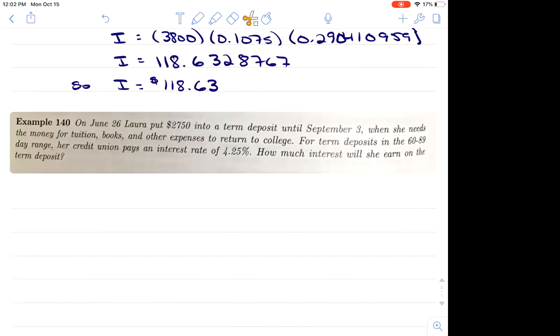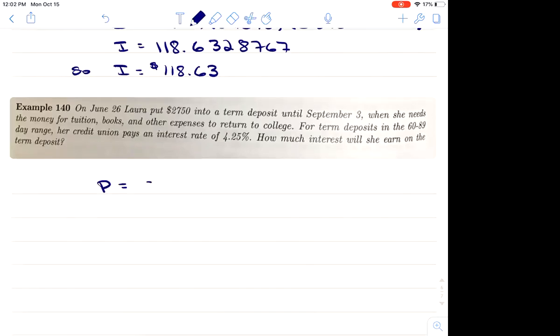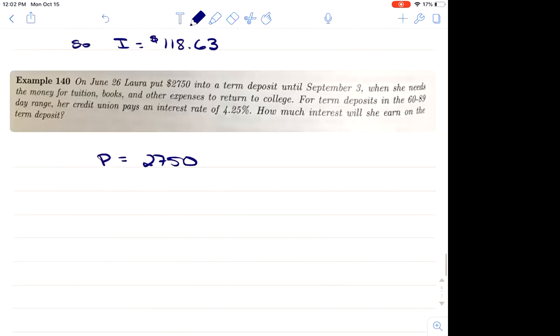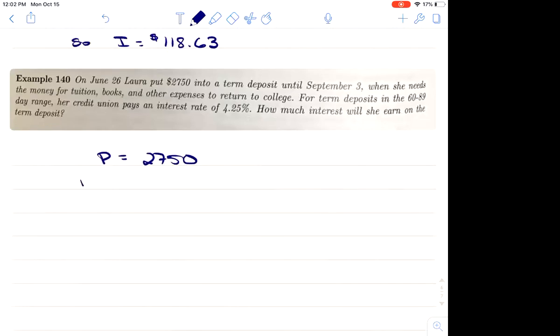So let's just outline what we're told. The first date is June 26th. The second date is September 3rd. I'll keep the dates together. So the principal that she invested is $2,750. Date 1 is June 26th of any year.